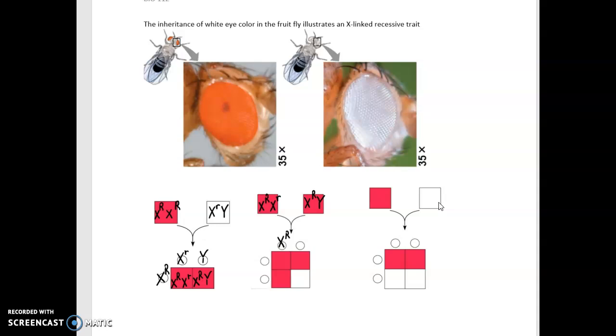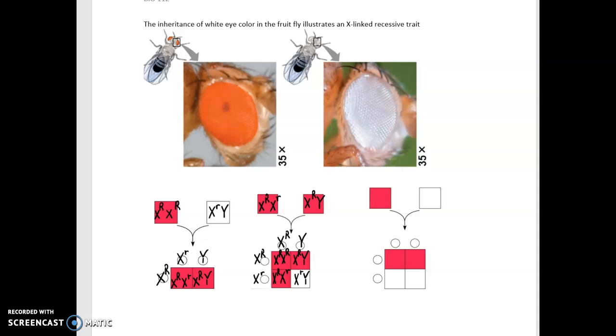It'll have an X with the dominant R for red eyes and a Y. The female will produce some with the dominant X and some with the recessive X. So the offspring will be, so we'll get 1/4 female with RR, 1/4 female with capital R, little r, the heterozygote. Then we'll get half of the males will have red eyes and half of the males will have white eyes.